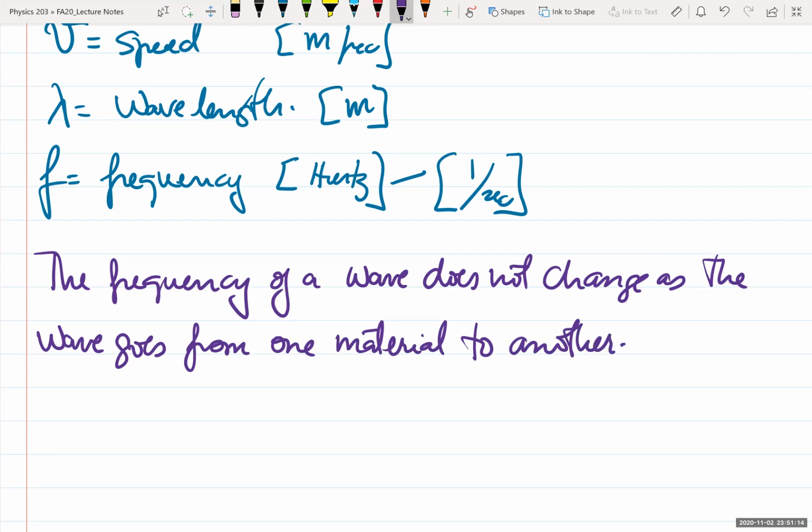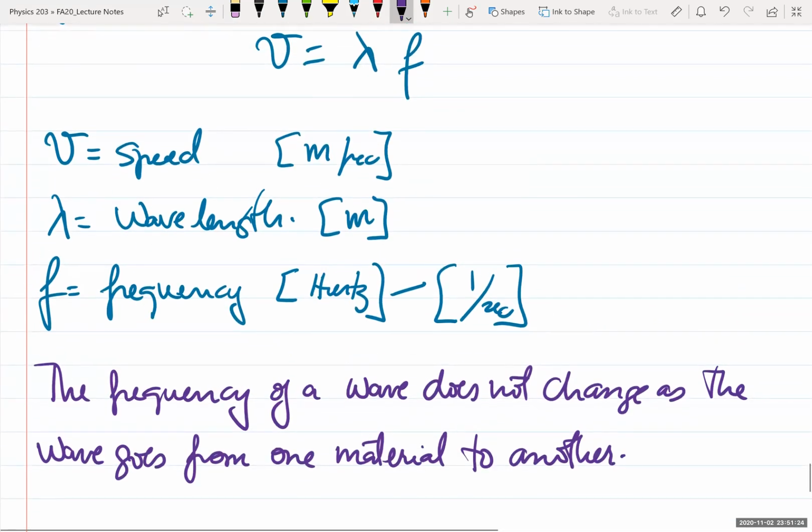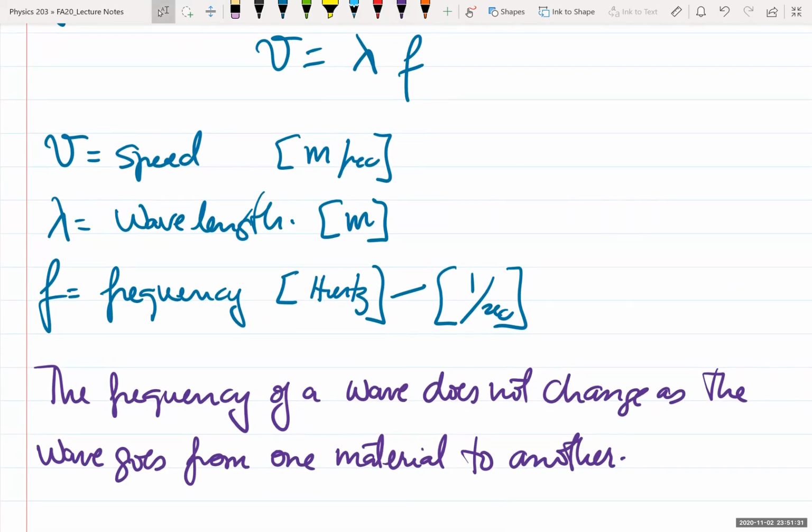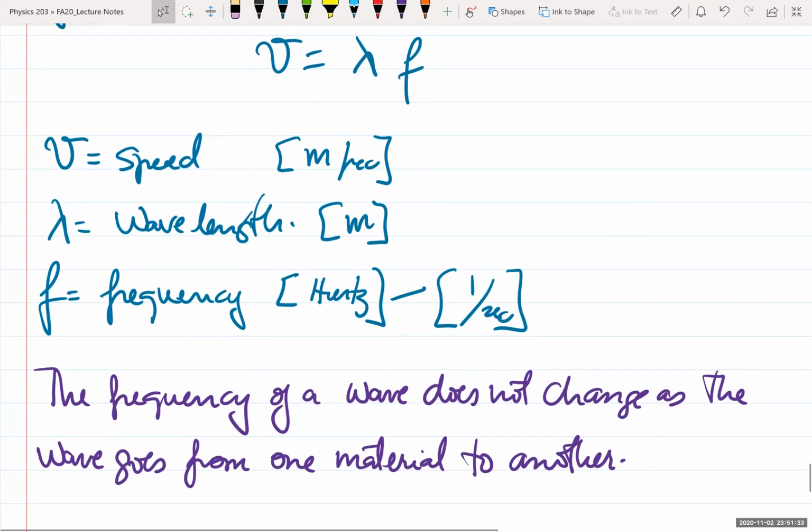This includes light. So when it comes to light, the frequency will not change, but the speed will change. Since the speed is the product of the frequency times the wavelength, in order for the speed to change while the frequency is kept constant, the wavelength has to change.